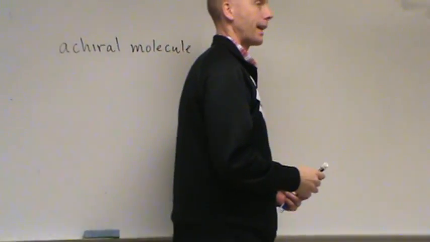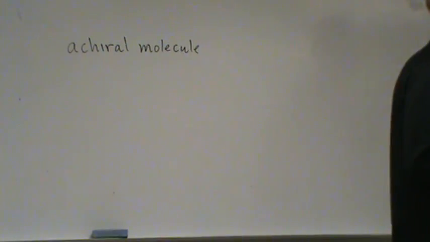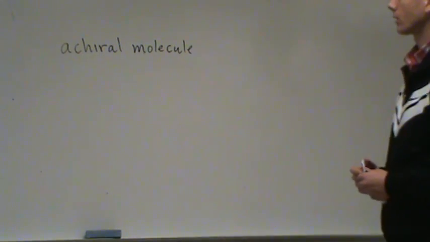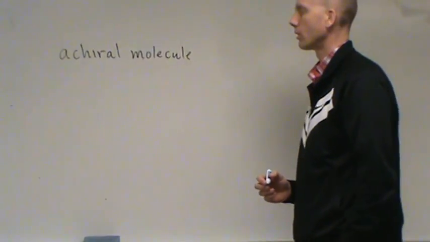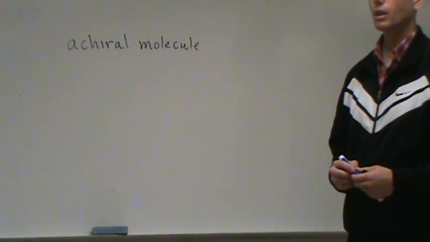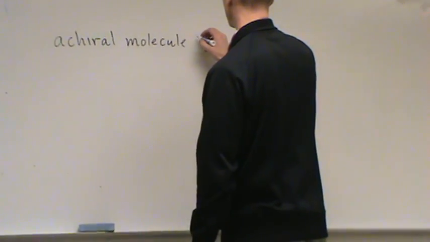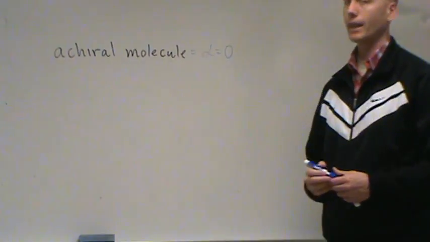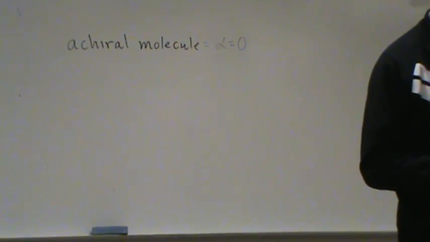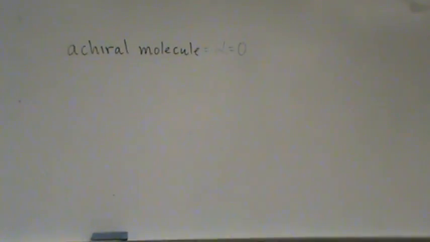Let's suppose I had an achiral molecule and I put that into the tube. What do you think the alpha value for that would be? 0. Why 0? Because you said all the chiral molecules are rotating. That's right. So any achiral molecule, alpha value will be 0.